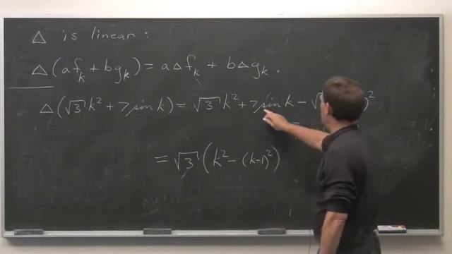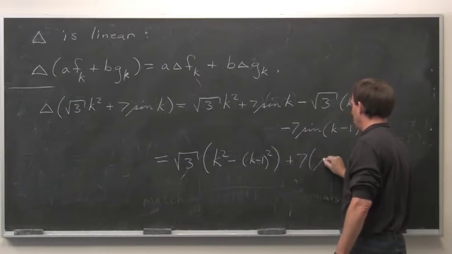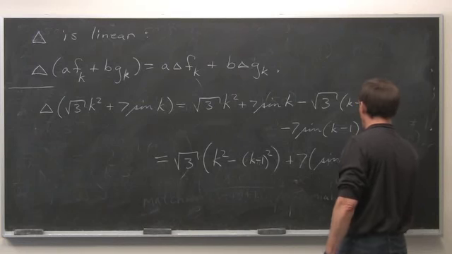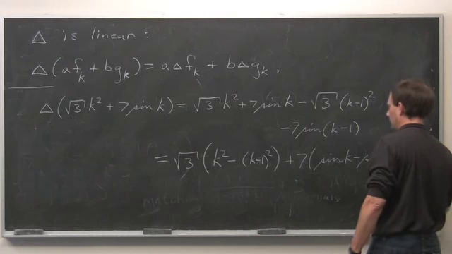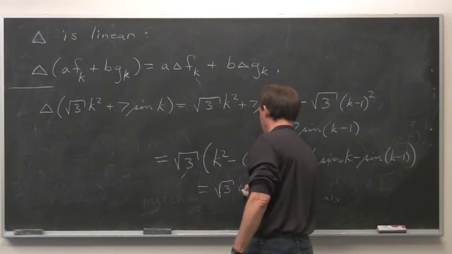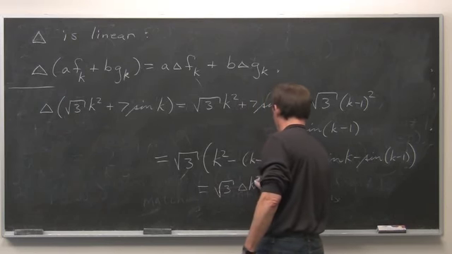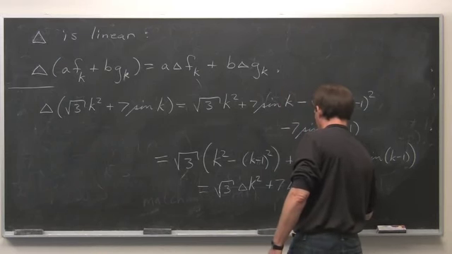And you group these two terms together, and you factor out the 7, the sine of k minus the sine of k minus 1. And yes, this is the square root of 3 times delta k squared plus 7 times delta of sine of k.